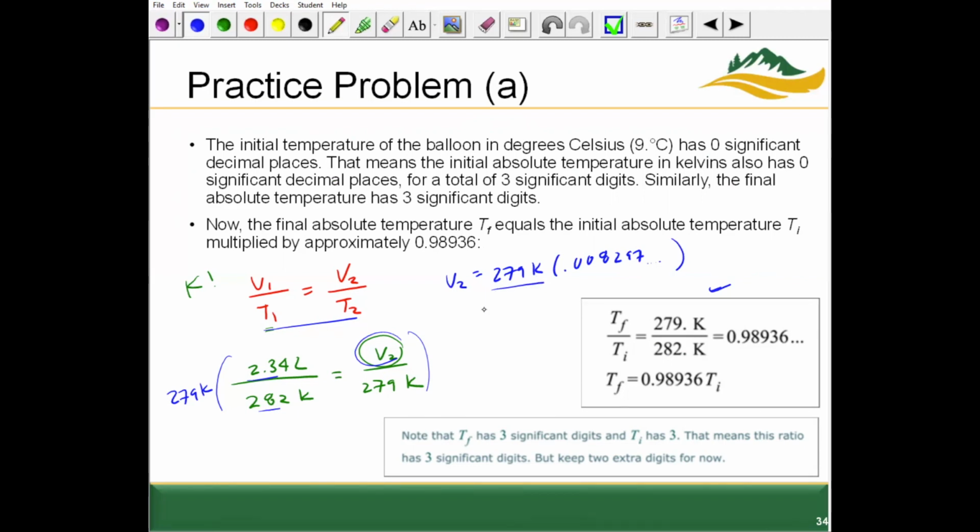Doing that, I get equal to 2.315, etc. Our units here I should have kept in. This is liters over Kelvin. Then Kelvin and Kelvin cancel out, leaving just liters, which is what we want for a volume term. All right, we want that to be in liters. To get this into 3 sig figs, then V2 would be equal to 2.32, right? This 5 bumps this one up in units of liters.